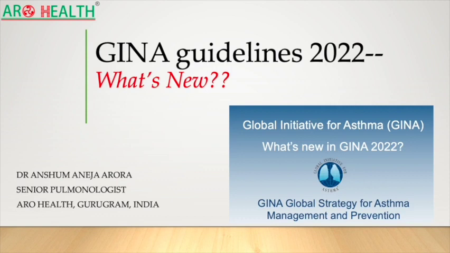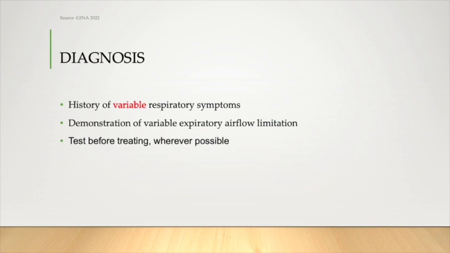So let's get started. The GINA guidelines have given a lot of emphasis on the correct diagnosis of asthma. Whenever we are diagnosing anybody with asthma, we must have a demonstrable variability in the respiratory symptoms, whether seasonal, diurnal, or pre and post bronchodilator medication.